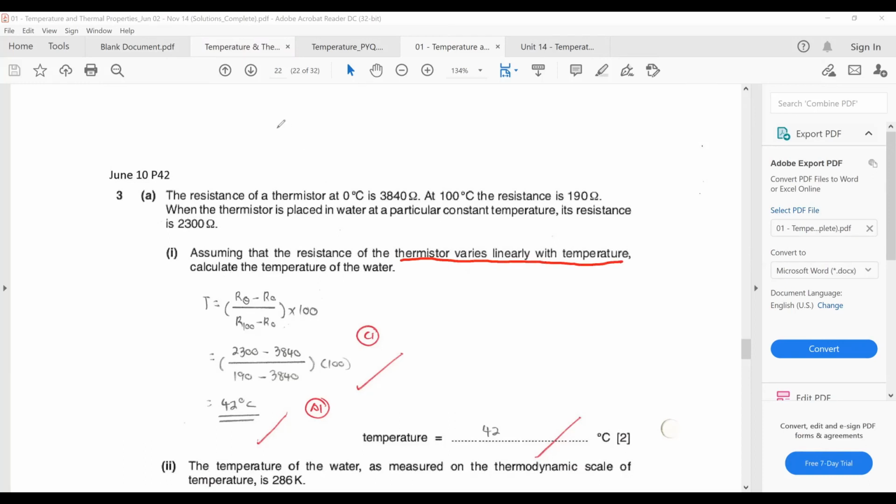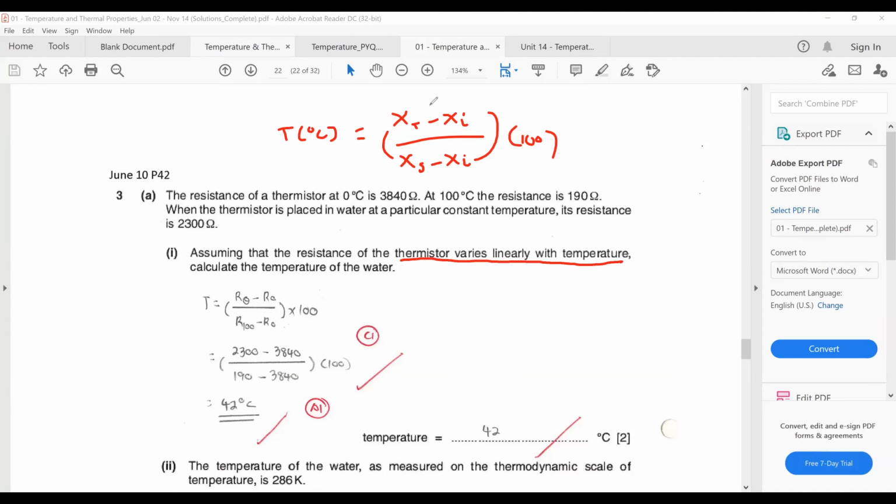Just now I told you temperature in degrees centigrade is (X_T minus X_i) over (X_s minus X_i), and times 100. That one is under the assumption that your thermometric property varies linearly with temperature. So here they already told you that, you can use that here.